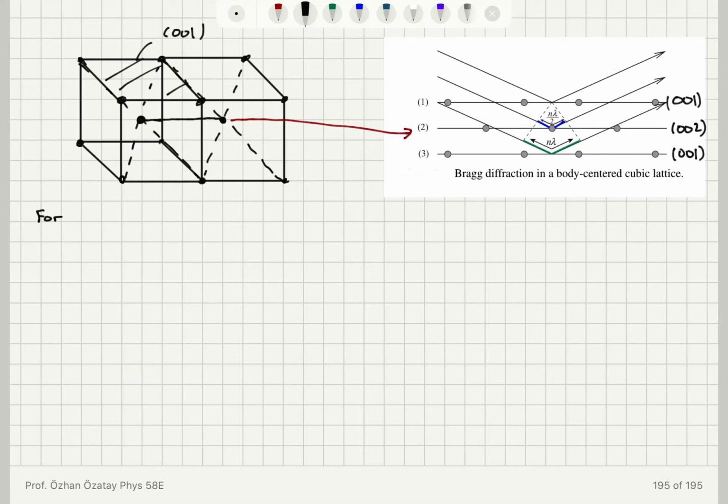So for the family of 100 planes, due to symmetry these planes are all equivalent.